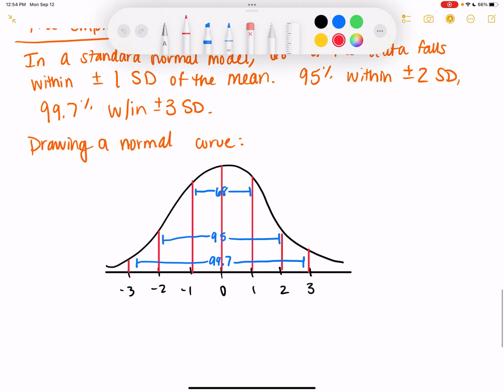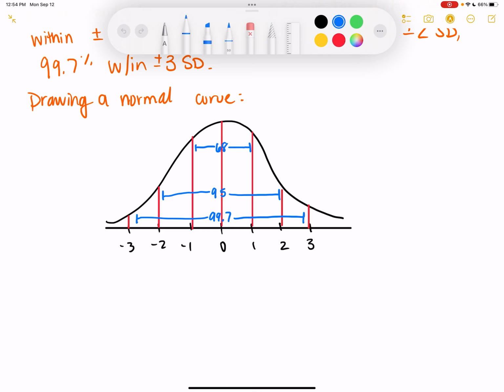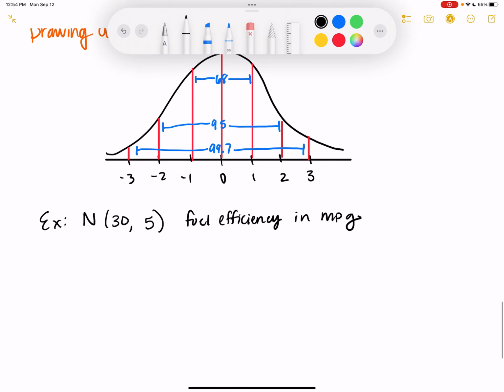So just a quick little example of this. If we had the normal model for 30 and 5 being the mean and standard deviation, and this is going to be for fuel efficiency in miles per gallon, then we would draw our curve.